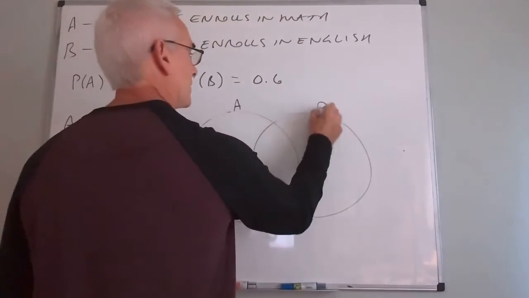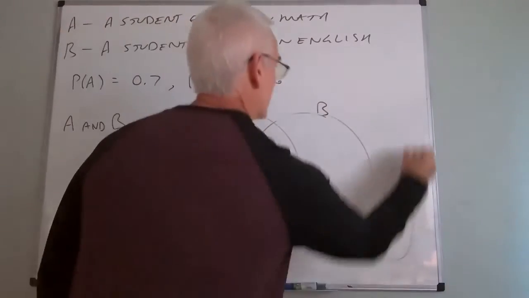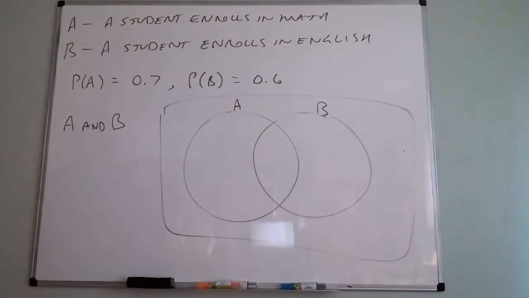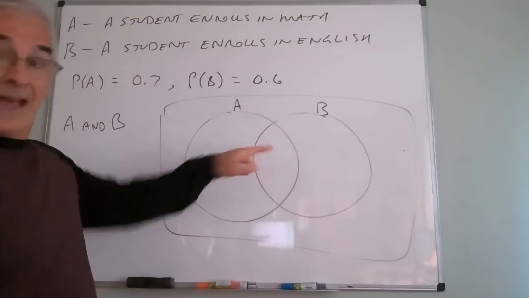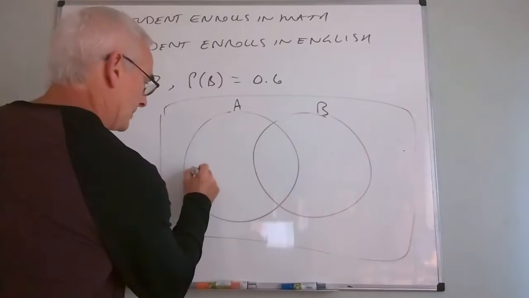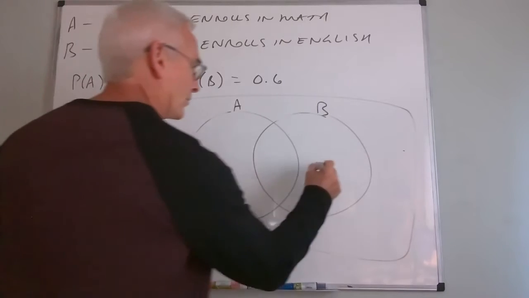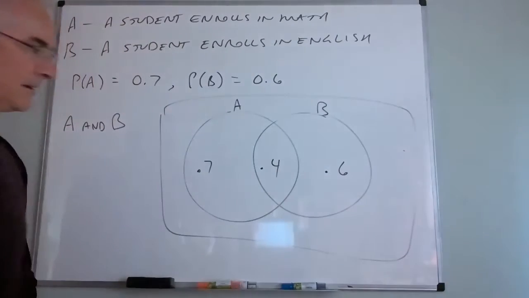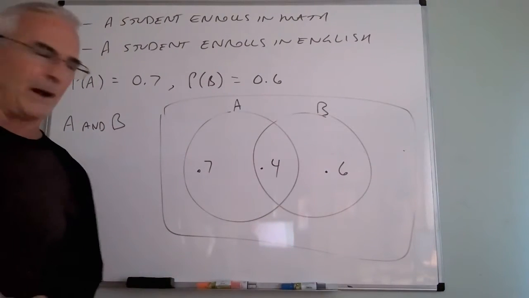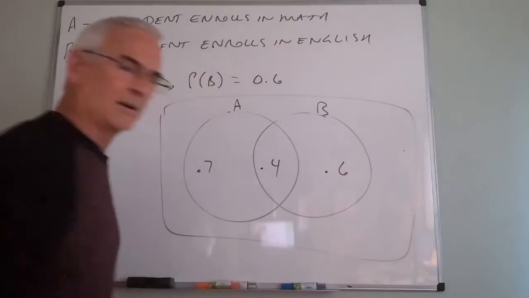There's math, there's English. Now, are there students who aren't enrolled in either one? Of course. So do I do it like this? Okay, oh, that must be the people that are enrolled in math and English. So you're enrolled in math, you're enrolled in English, and you're enrolled in both. And then we'd have to figure out what goes out here.